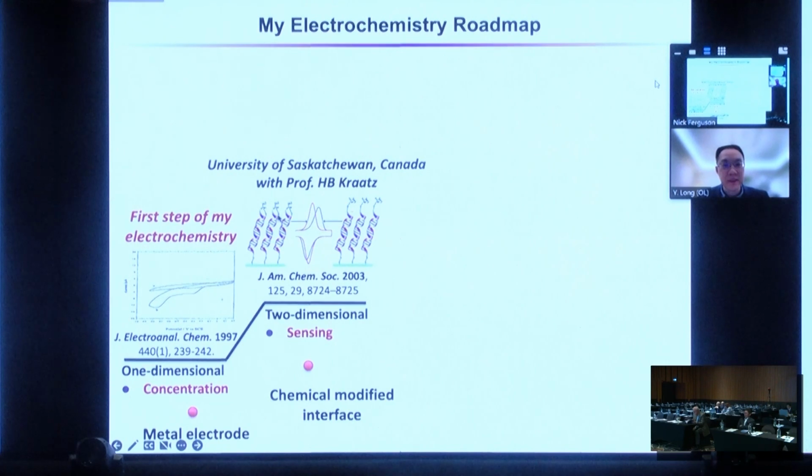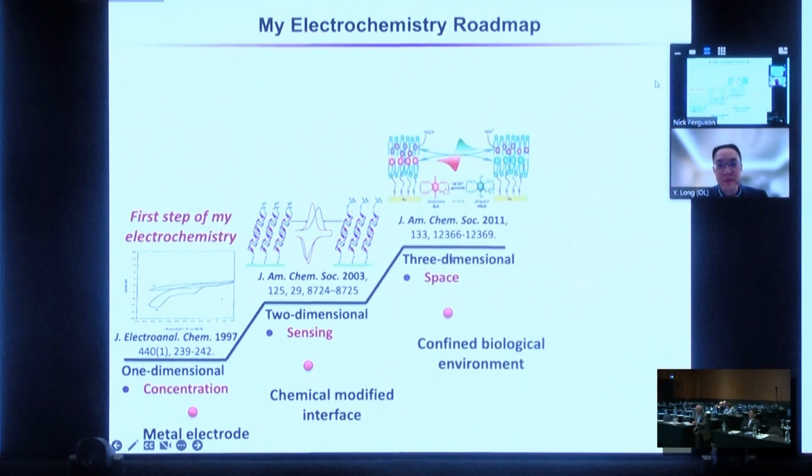So we were sensing the DNA strand on the surface. So this is a chemically modified interface. And when I came back to China, I studied a surface coated with lipid. The lipid, we know, is a soft material, so molecules can move around inside the lipid layer.